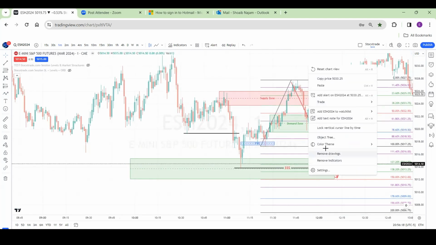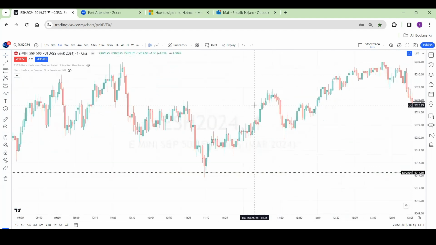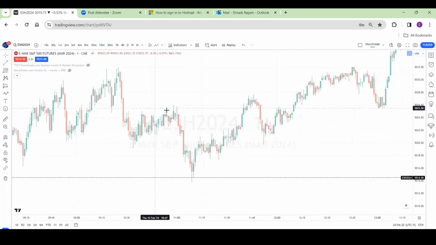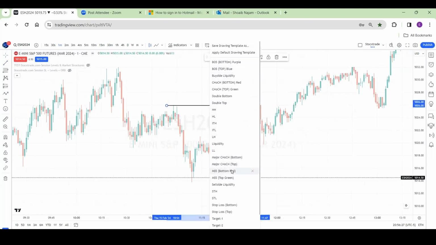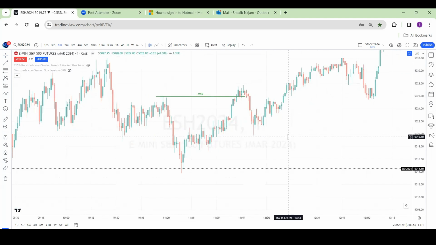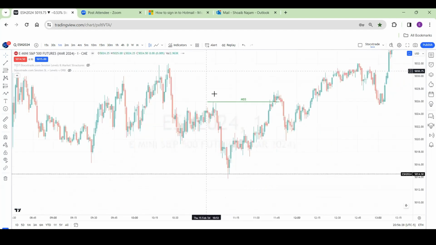One more thing I want to show you. If you mark the levels, this is your market shift. I was telling you, this was the major swing, Monish bhai.